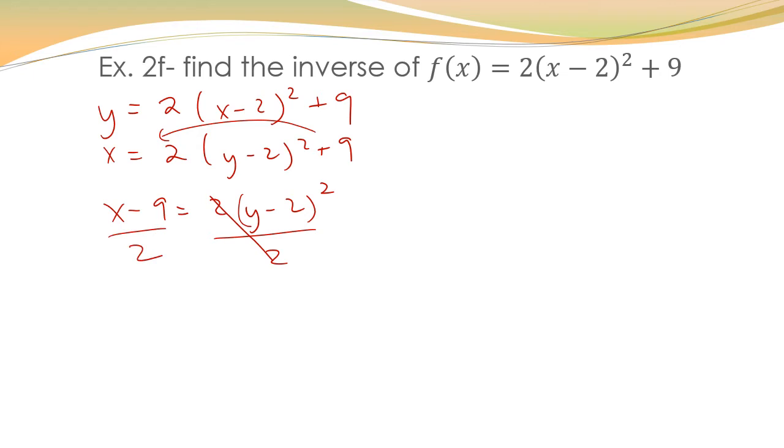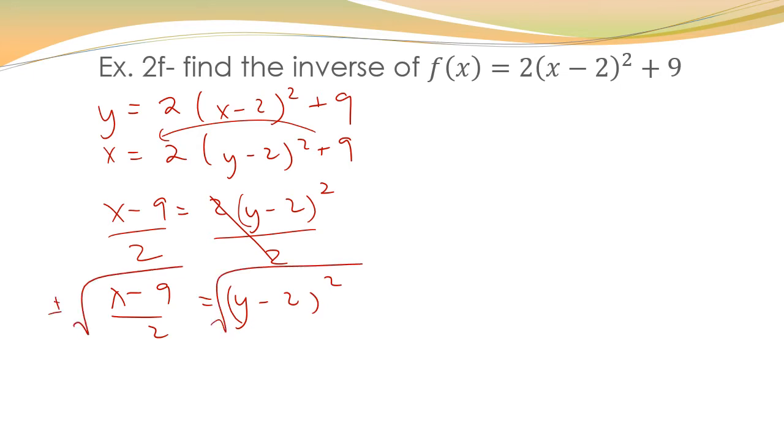So I'm left with x minus 1 over 2 equals y minus 2 squared. Got to get rid of that squared next, so that's plus or minus. And your last step would be to move that 2 over, it becomes plus 2.